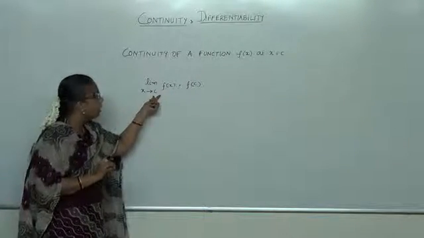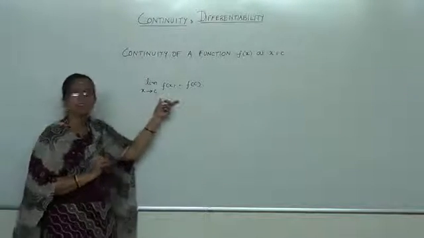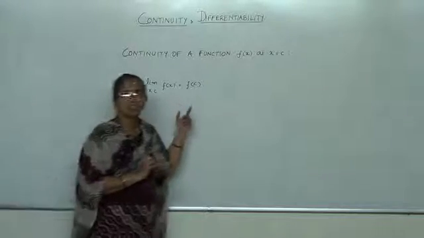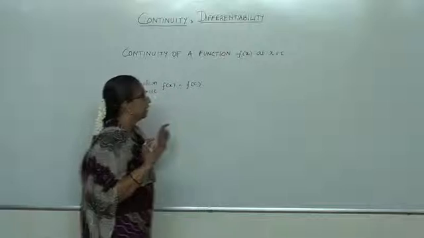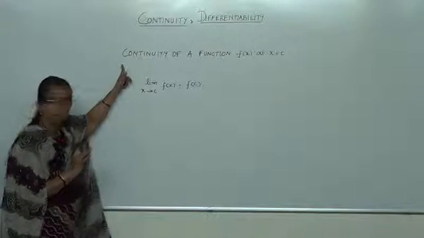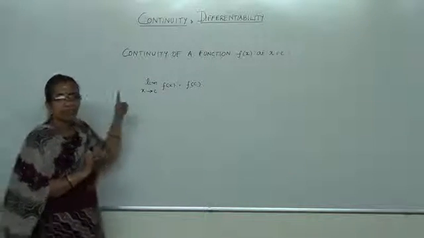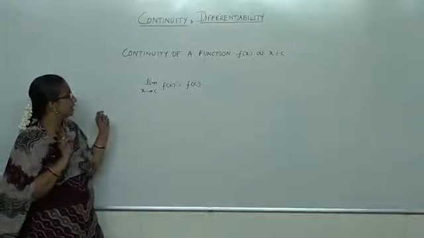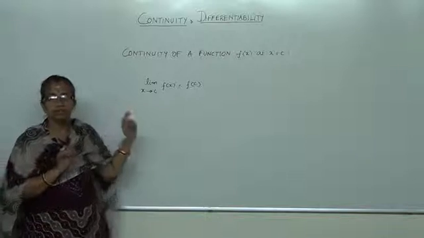If for all c that belongs to the domain of the function, this definition of continuity is satisfied, then you can say that the function f of x is continuous everywhere in the domain of the function. I hope this is clear to you. So this is the continuity of a function f of x at x is equal to c, and generally continuity of a function everywhere in the domain means that the function will be continuous at all points x is equal to c belonging to the domain of the function.